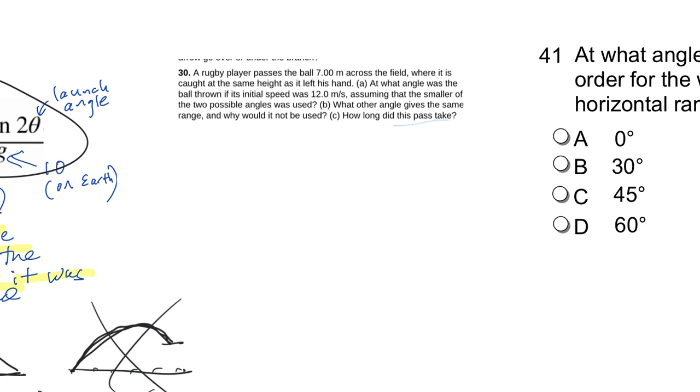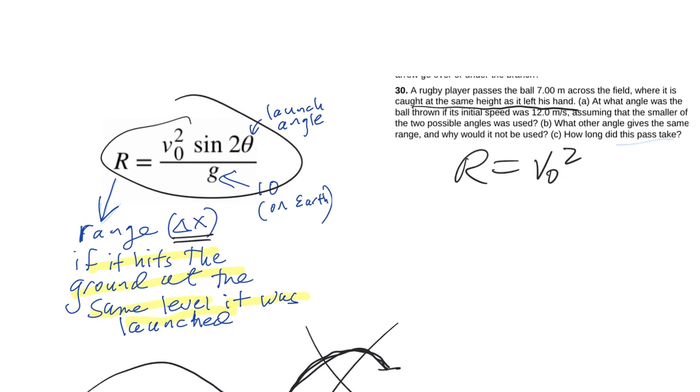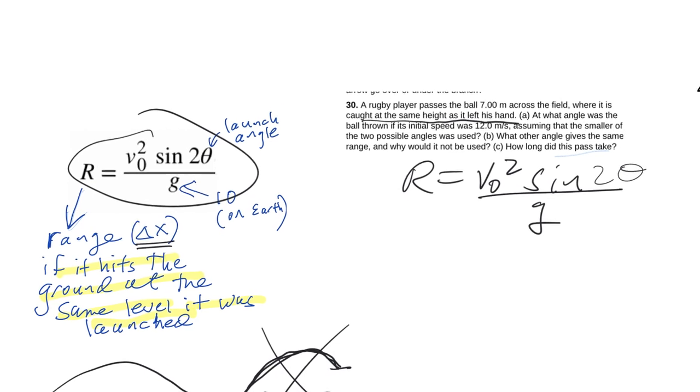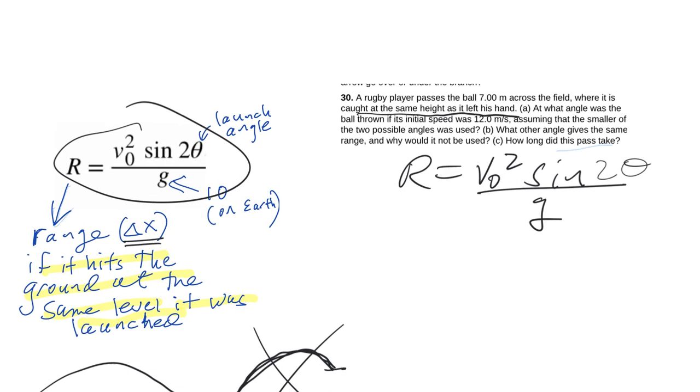Okay, a rugby player passes the ball 7 meters across the field, where it's caught at the same height as it left his hand. So we can use the range equation. What angle was the ball thrown?